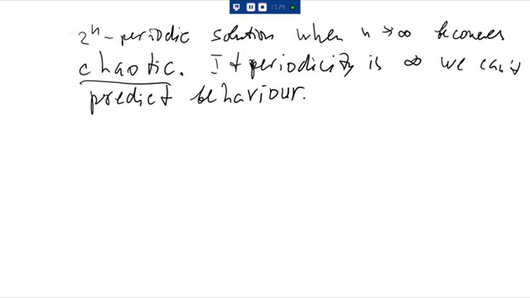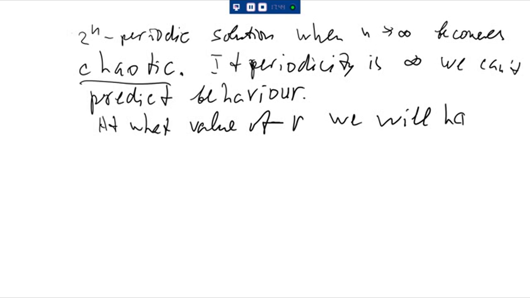Therefore we can find out at what value of r we will have chaotic dynamics.